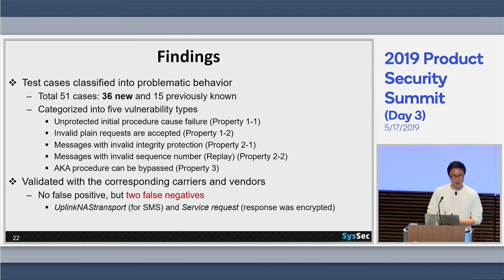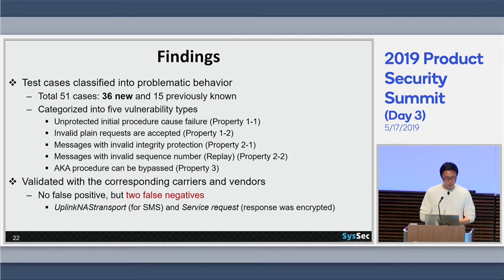In the case of the SMS test case, there was no response from the operational network, and there were no UE state changes. So our decision tree classified this case as a benign case, but actually the network transmitted this invalid SMS message to the destination UE. So it should be classified as problematic behavior.